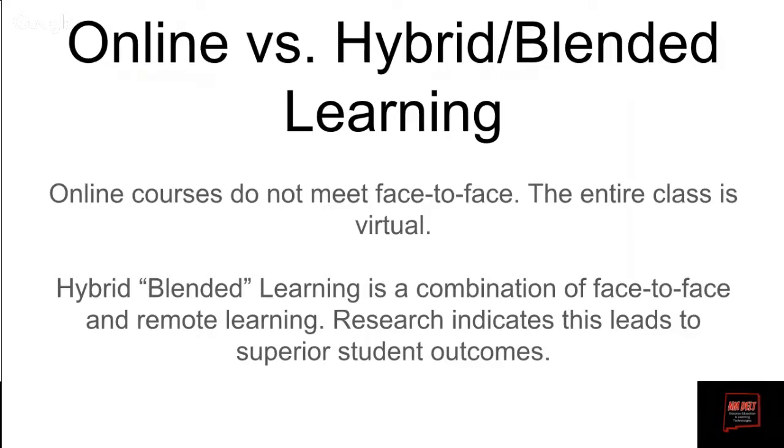Research is indicating very strongly that hybrid or blended learning is the way to go. It seems to be kind of difficult to reach students through purely online learning. It's kind of difficult to get them on task and keep them motivated. Because of that, I'm going to be focusing more on the concept of hybrid or blended learning.